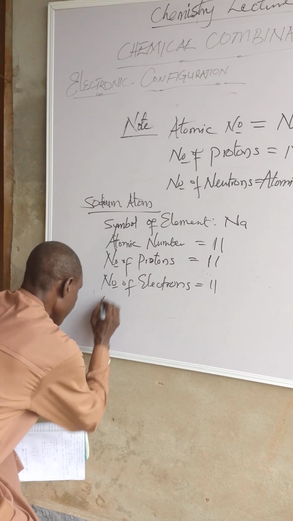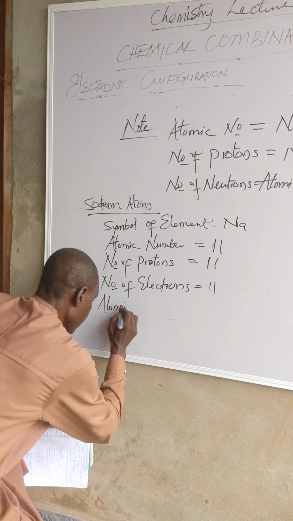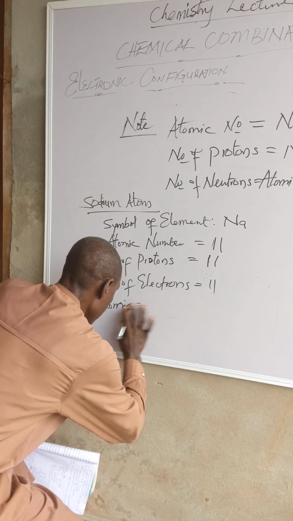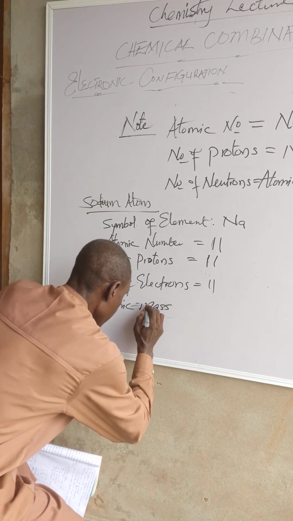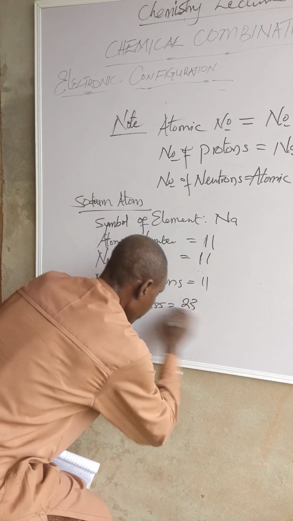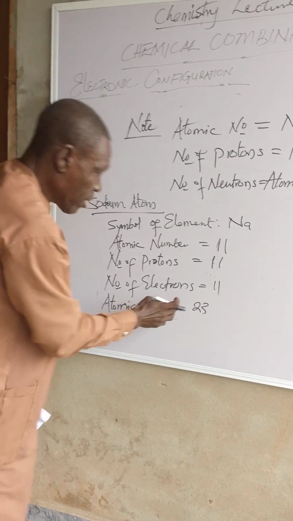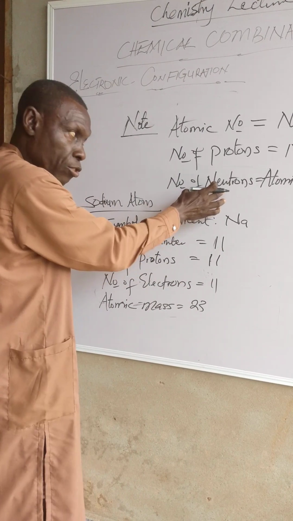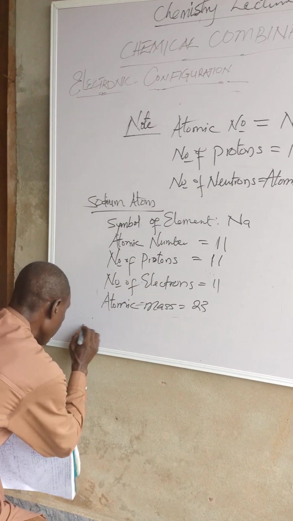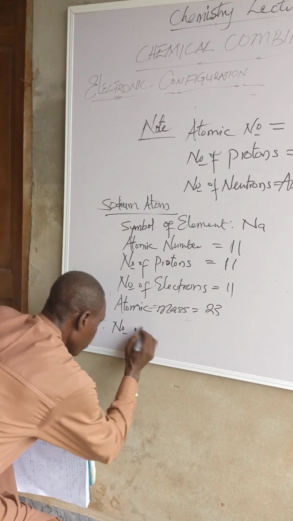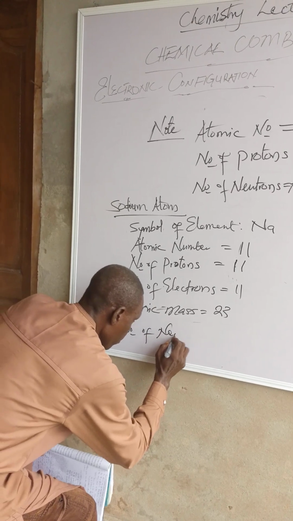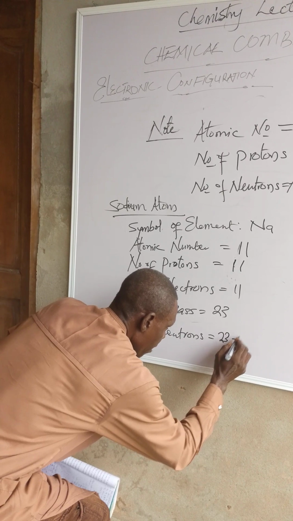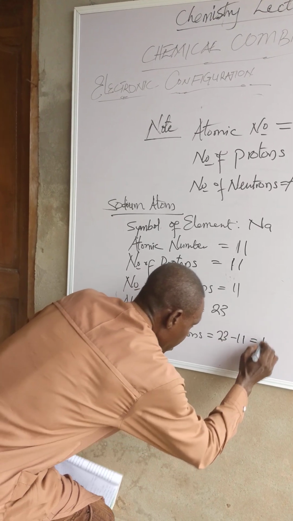So atomic mass is equal to what? Atomic mass is 23. Of course, you know that one. Now from this, subtracting number of protons from atomic mass gives us the neutron. So number of neutrons will be equal to 23 minus 11, and that gives us 12.